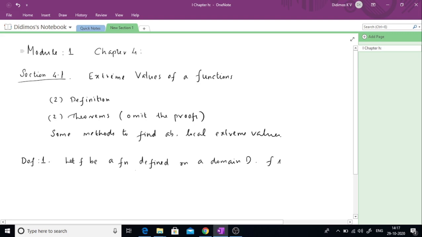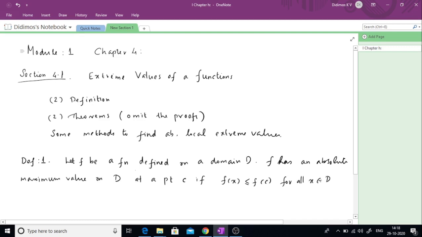So f has an absolute maximum value on D, the domain D, at a point c, if, of course, c is a point in D, f of x is always less than or equal to f of c for all x belongs to D. In order to say that f of c is the maximum value of f on D, we need this condition.